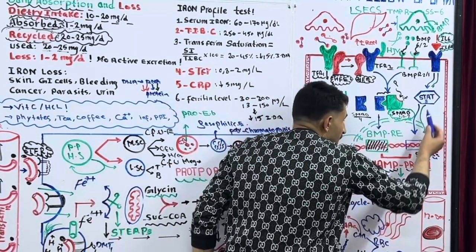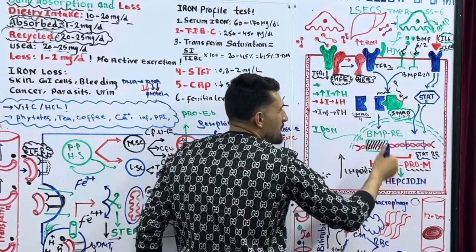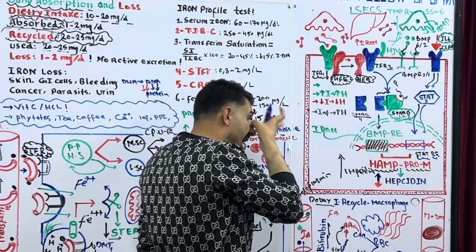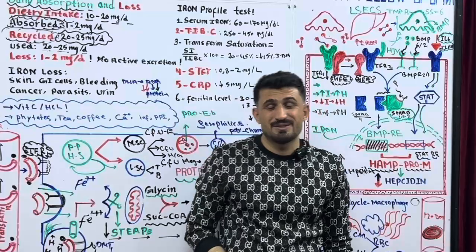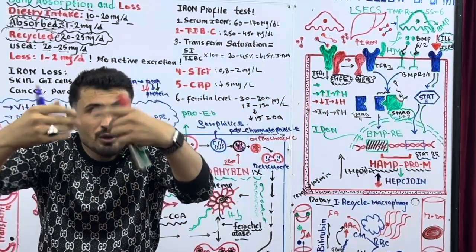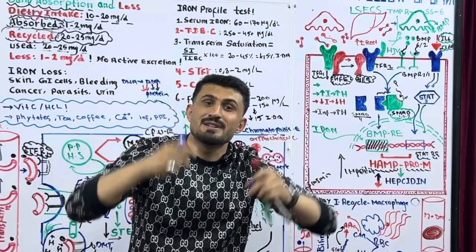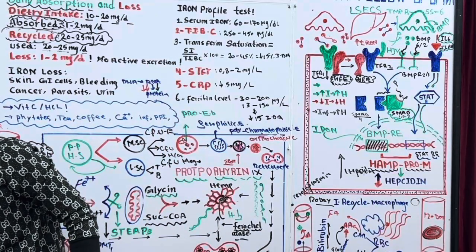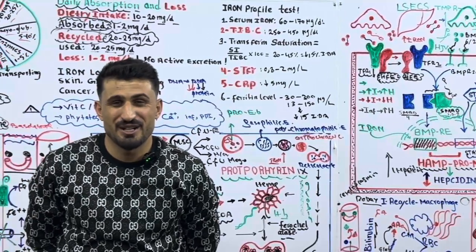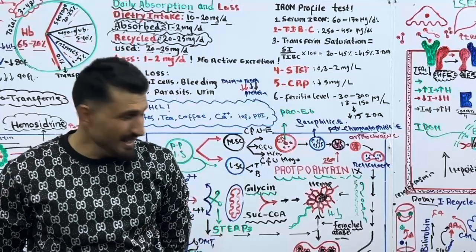So now STAT3 plus high iron, both of them stimulate the promoter region of HAMP, and they produce a lot of hepcidin. That's why when you have long-term inflammation, your liver cells produce a lot of hepcidin. This high hepcidin level prevents absorption of iron. So that's why in long-term inflammation you will develop iron deficiency anemia, okay, got it.